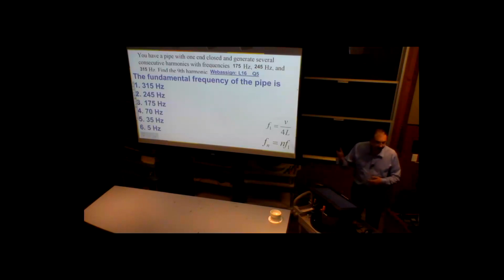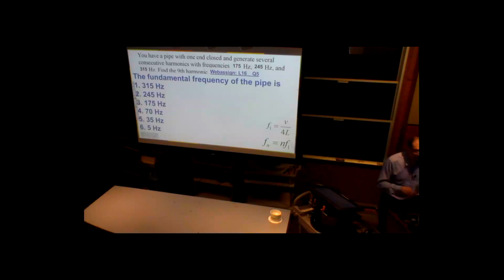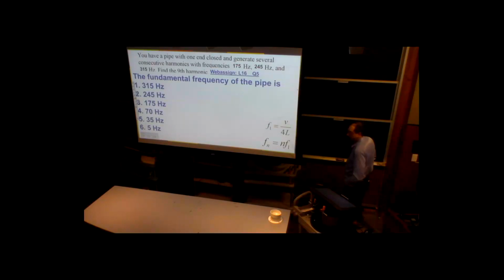We need to calculate again the ninth, whichever, because anyway, we have to start from finding the fundamental, the first, the lowest. So please take a moment and apply the same strategy we used recently. Calculate the fundamental. Feel free to discuss it with your colleagues. You don't have to whisper. You can be louder.